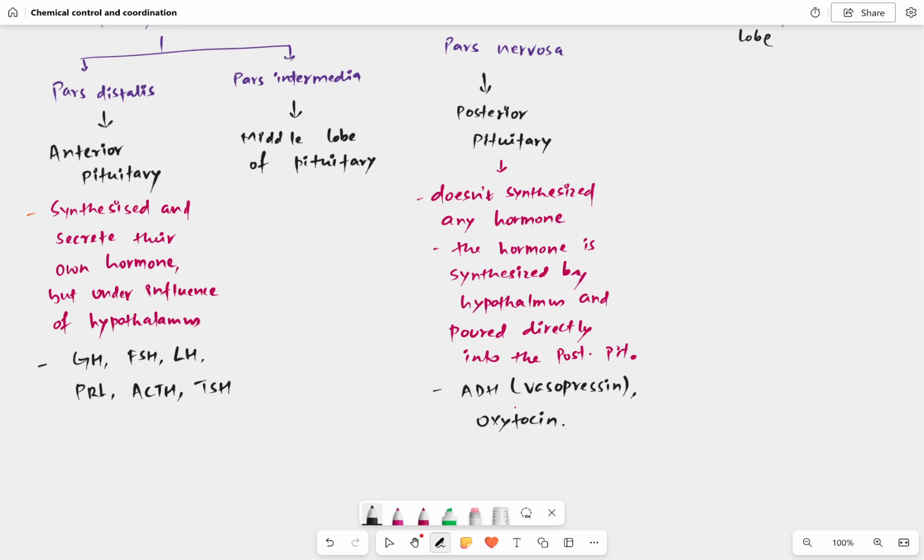Now, besides the anterior and posterior pituitary, the middle lobe of the pituitary is also there, but it is almost merged with the anterior lobe.